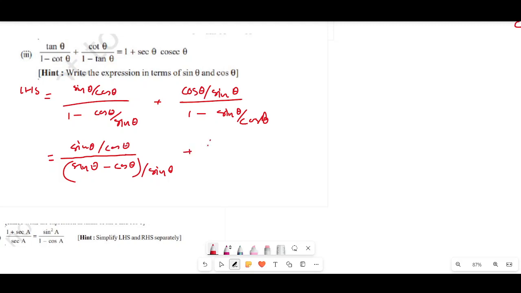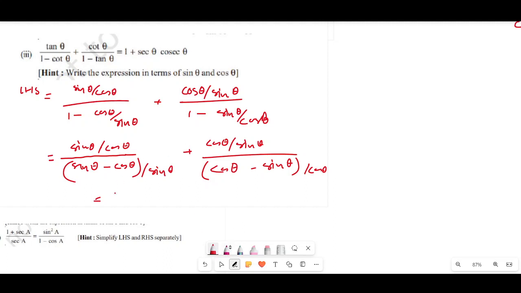Here cos theta upon sin theta, cos theta minus sin theta, then we can simplify it here upon cos theta. Clear? Now come to the question.